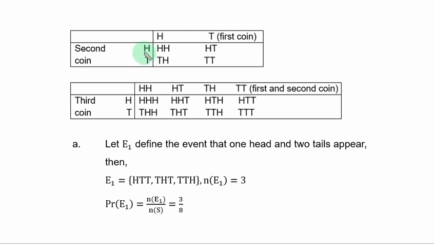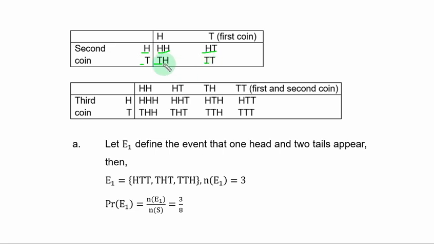So you take the head of the second coin and pair it with the two sides of the first coin. You have head head, head tail. You take the second side of the second coin, that is the tail, and pair it with the two sides of the first coin. You have tail head, tail tail.